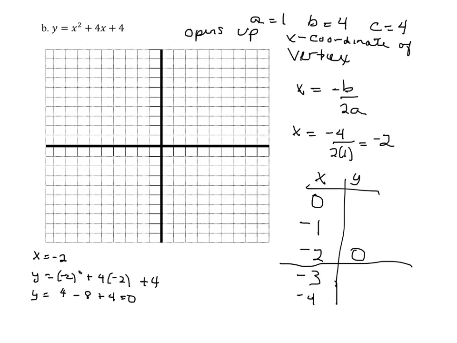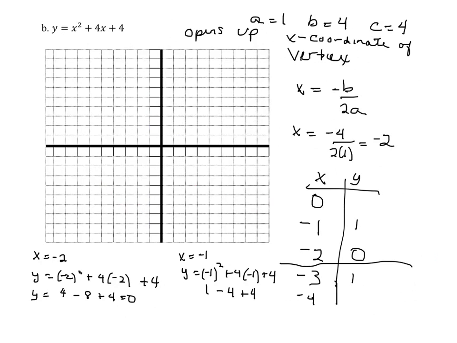Now let's plug in negative 1 for x. So y is equal to negative 1 squared plus 4 times negative 1 plus 4. So 1 minus 4 plus 4. So that's 1. So bam-a-lamb, I have the one at negative 3.